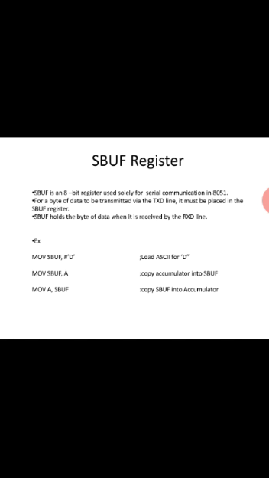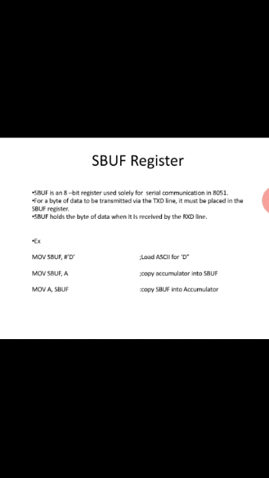For example, if I want to transmit the ASCII value D, first I have to put it in SBUF, then it is transmitted. Similarly, if I want to transmit any data that is present in the accumulator, I have to put it in SBUF first, and this is what transmission is.